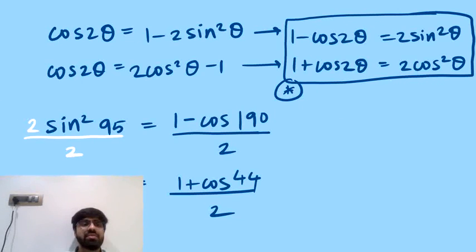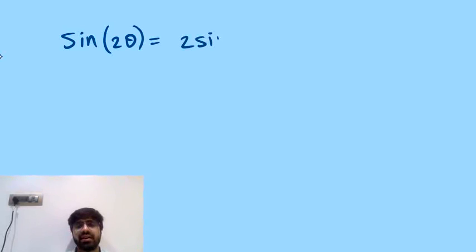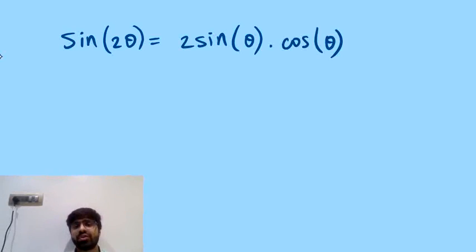Now there's an important simplification here that you should be aware about. See, whatever formula you have learned, say for example you learned it for sin 2 theta, it is 2 sin theta cos theta. How do you really apply this formula? It's not that you compulsorily need to have 2 theta here. You need to understand that when you are applying this formula, if the angle here was 2 theta, the angle here is half of it.